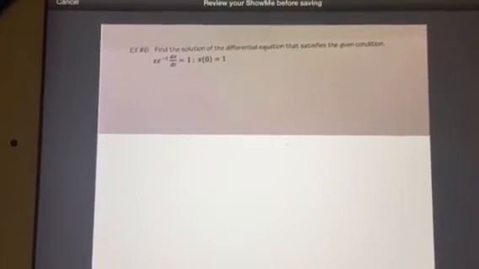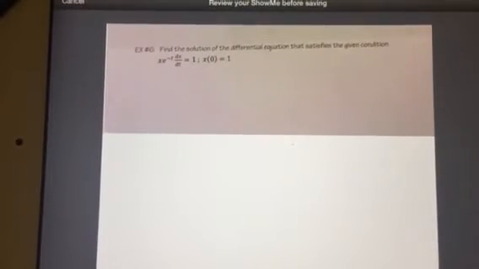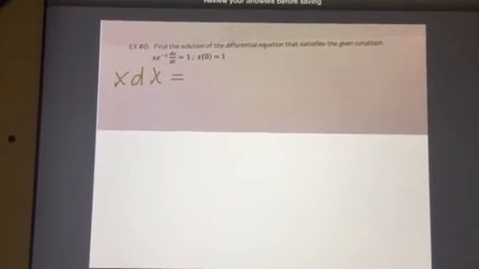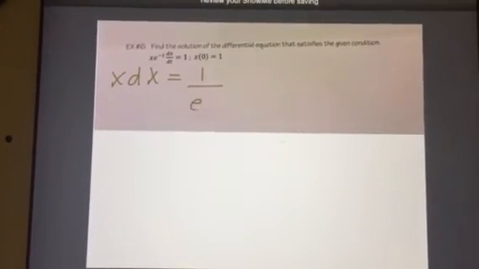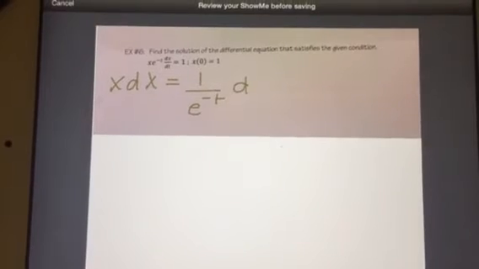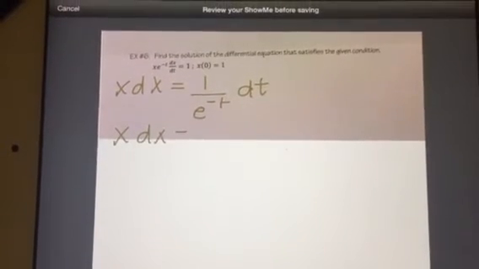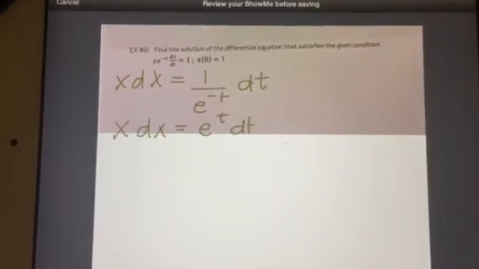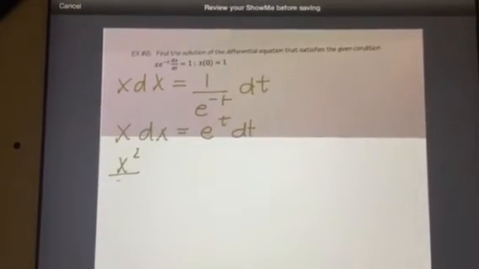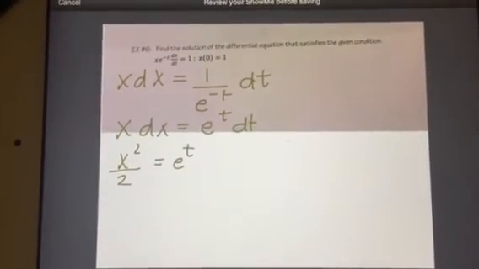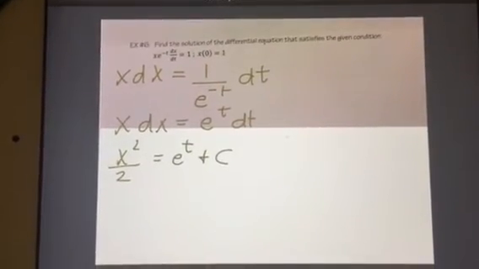So we'll have x dx equal to 1 over e to the negative t dt, which we can rewrite as x dx equals e to the t dt. Now integrate, so x squared over 2 equal to e to the t plus c.